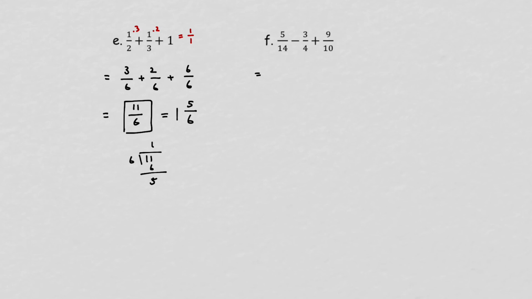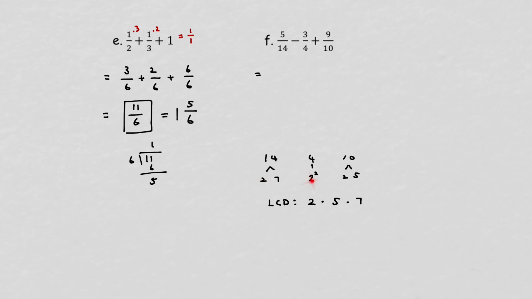I guess we want to find the least common denominator first. So 14, 4, and 10. 14 is 2 times 7. 4 is 2 squared, right? 10 is 2 times 5. So for your least common denominator, I'm going to use 2, 5, and 7. All the factors. But if you're using it more than 1 time, use the one with the higher exponent.